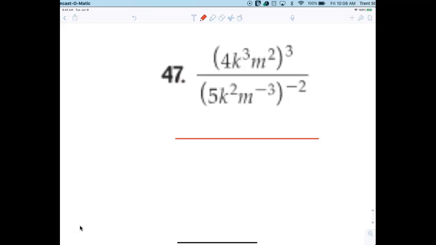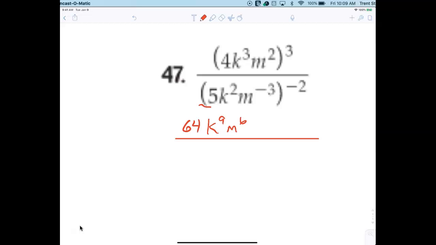No, 4 caret 3. 4 raised to the 3rd power. There you go, right? You with me now, right? Carla, you know that or not? Okay. 64. Now, k to the what power? K to the 9th. Then what? M to the 6th power.